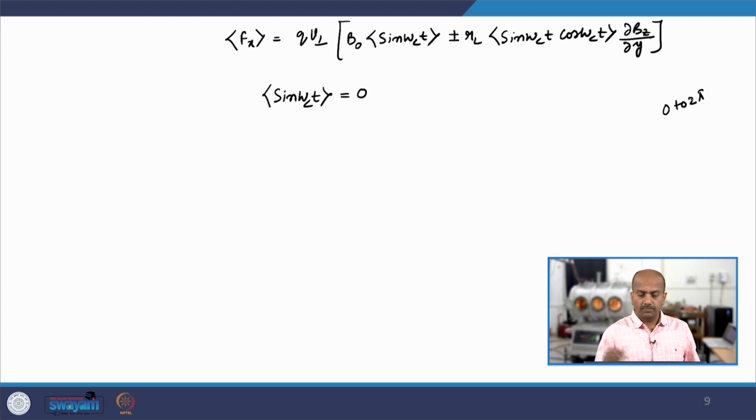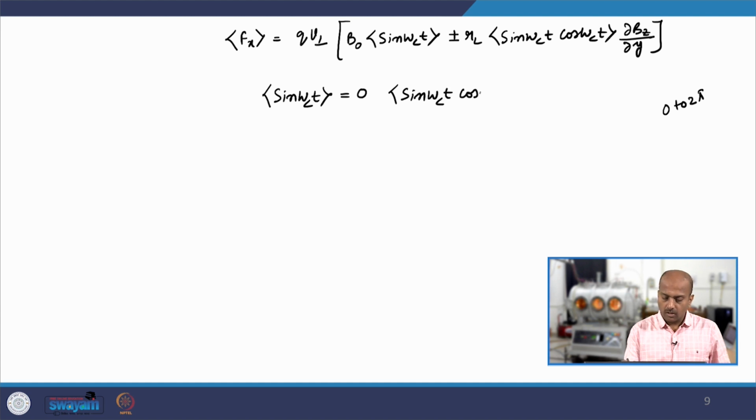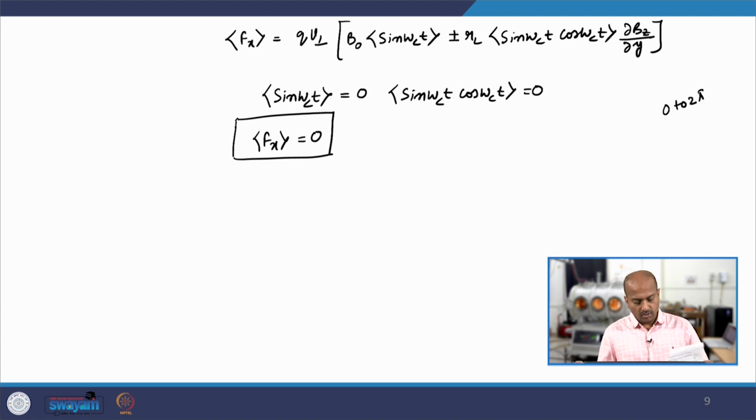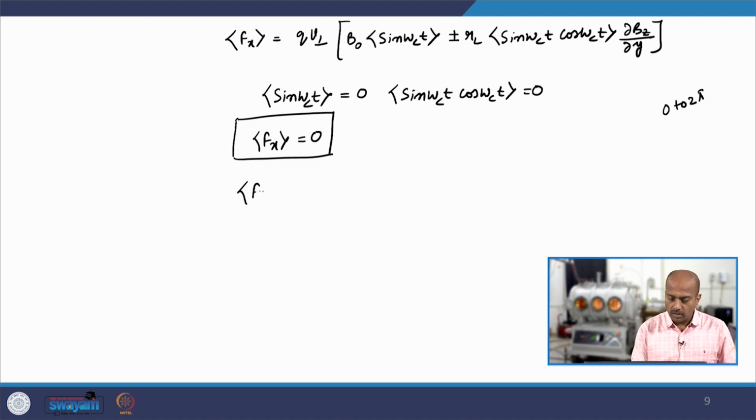One gyro orbit, 360-degree rotation is 0, and at the same time average of sin omega ct cos omega ct is also 0. So, that means average Fx is 0. What does it mean? It means the particle is not experiencing any average force in x direction over one gyro orbit. Fine.